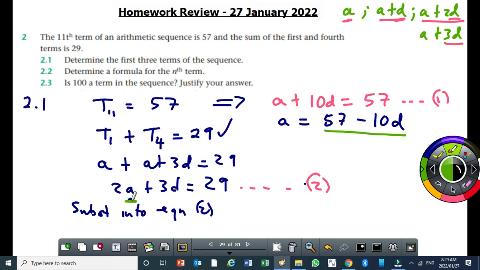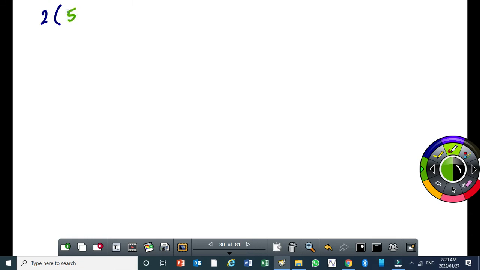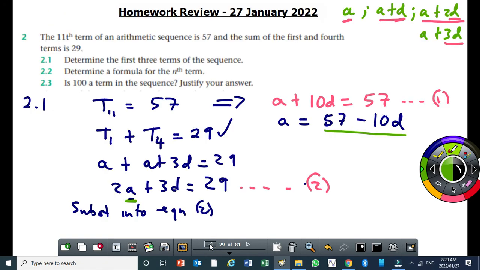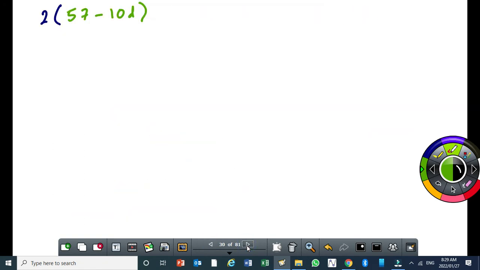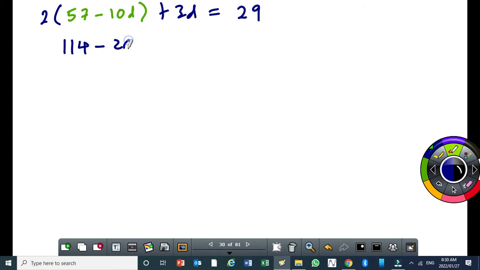So it will be 2 times 57 minus 10d, plus 3d is equal to 29. Then you simplify, you get 114 minus 20d plus 3d equal to 29.